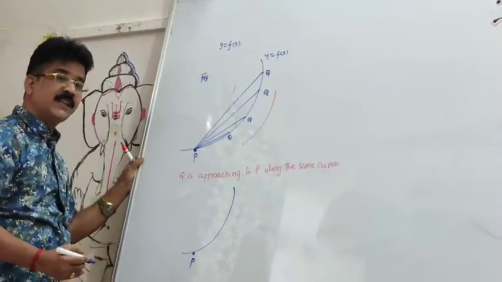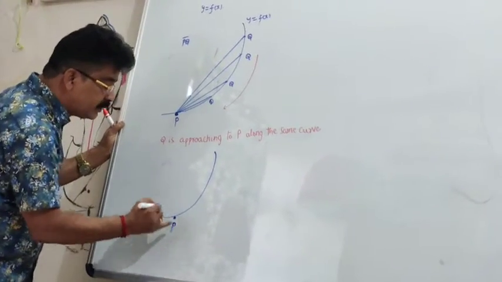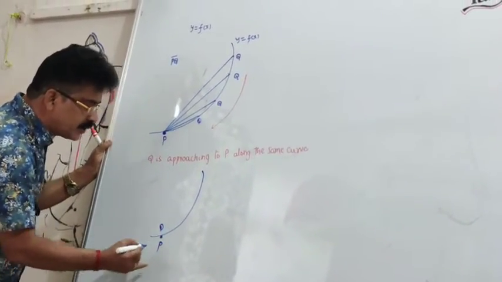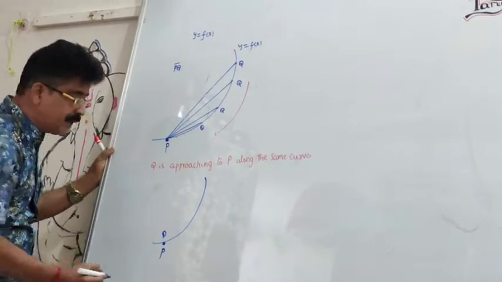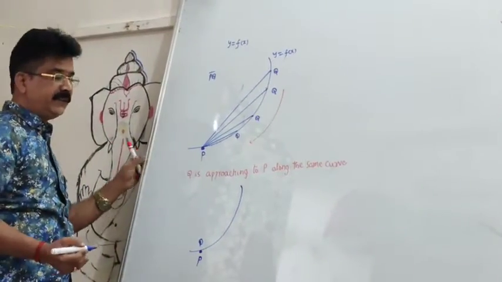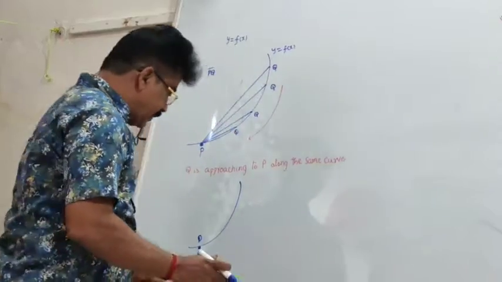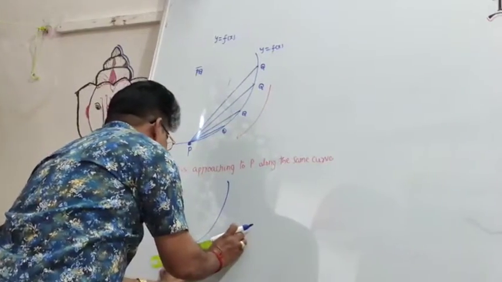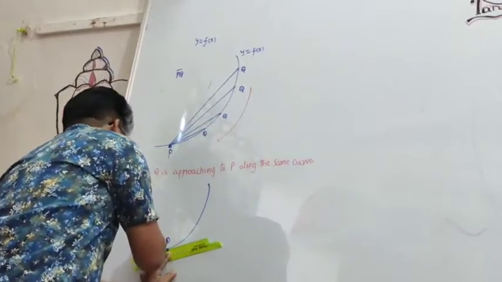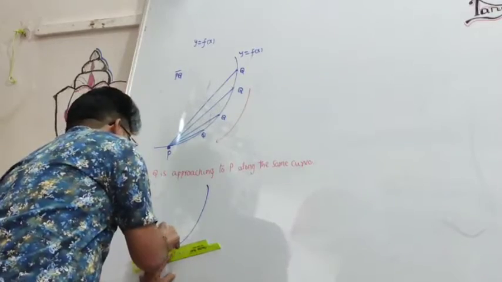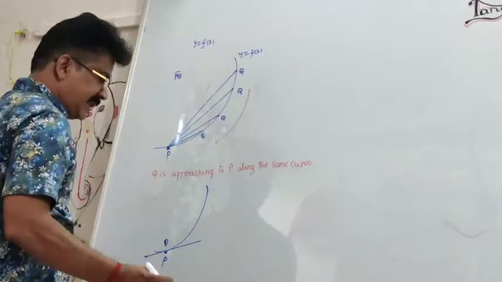Where is Q? P is equal to Q indirectly. Q is here, and P is itself. Q coincides with capital P, just like that.